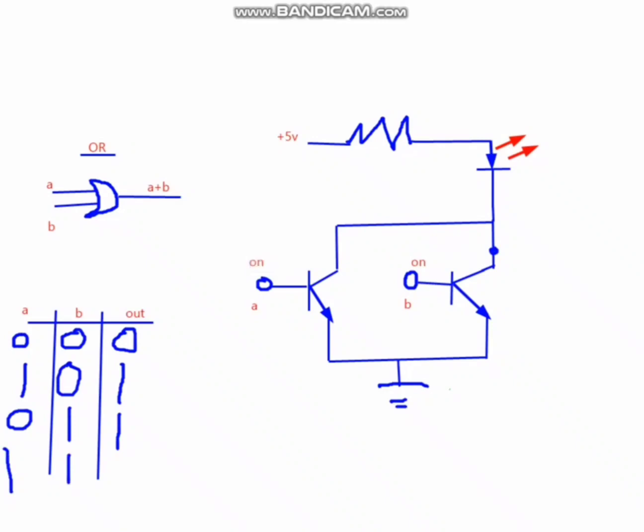The current will flow through the LED, through the first transistor, and the second transistor to the ground. So that's how we have the OR logic gate. The LED will be on if A or B is on. And that's how to remember the truth table in OR logic gates. It doesn't matter whether A or B is on.